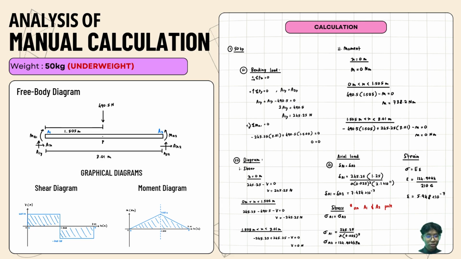And for the axial load, the displacement of A1 and displacement of A2 is equal, and we get 7.434 times 10 power of -7. And as you can see, for the graphical diagrams, here I already put the shear diagram and moment diagram.